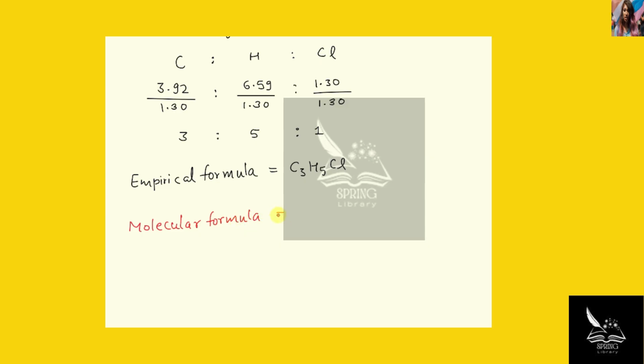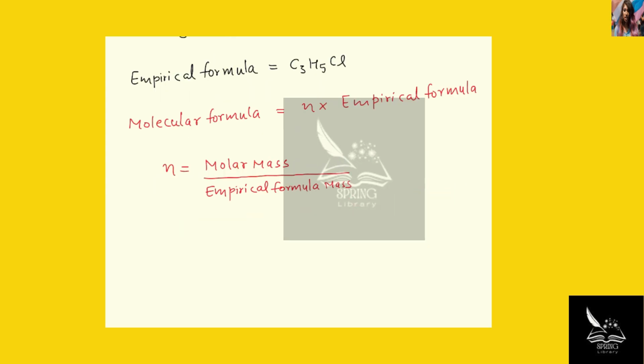It will be equal to N into empirical formula, where N is the integer and it is equal to molar mass over empirical formula mass. We need to find out the empirical formula mass, as molar mass is already given in the question.